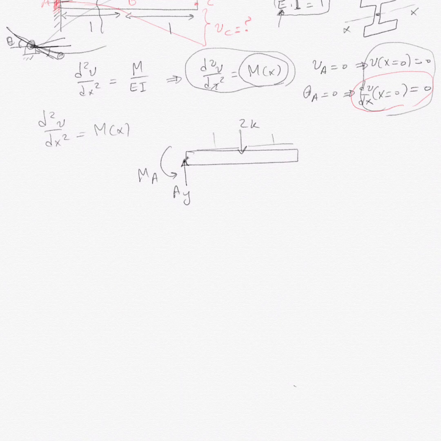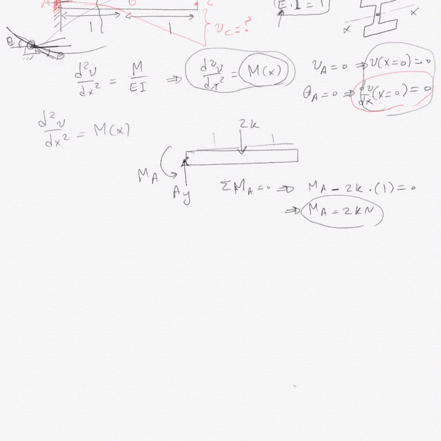If I write the moment equation about point A, summation of moment A equals 0 for equilibrium, I get MA positive, Ay doesn't have a moment, and then negative 2 kN times 1 is equal to 0. That means MA is equal to 2 kN-m positive.